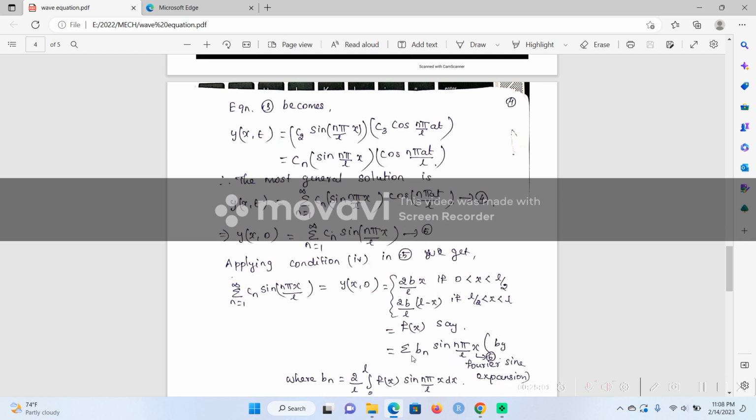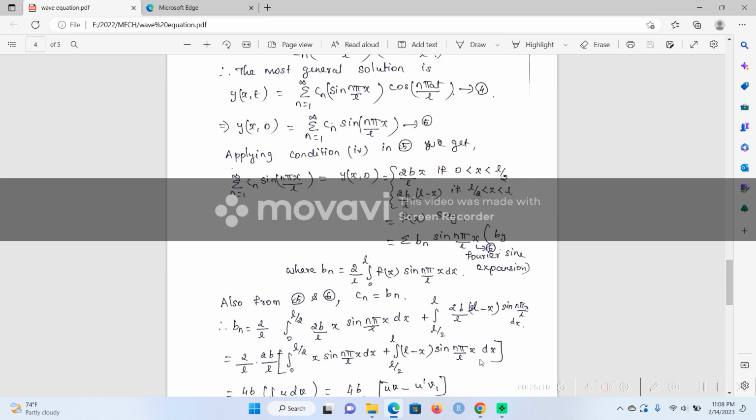We know the Fourier sine series is sigma bn sin(nπ/L x), where bn is calculated using the formula 2/L integral 0 to L f(x) sin(nπ/L x) dx. This is our formula to calculate the bn value.